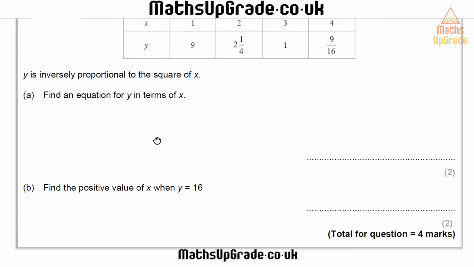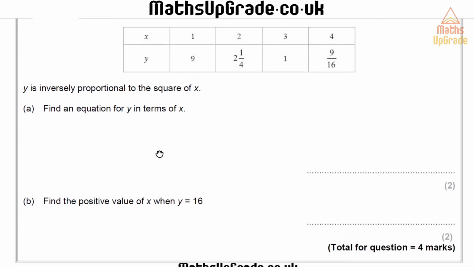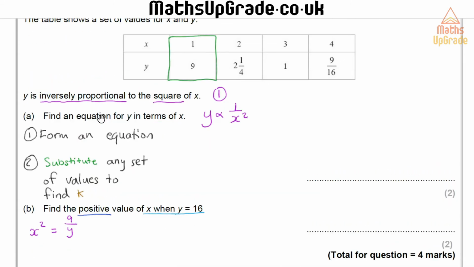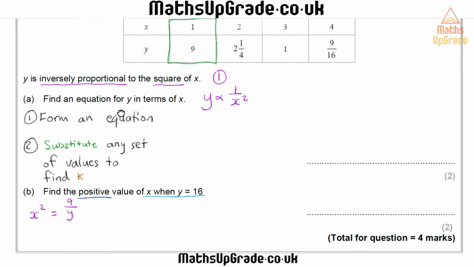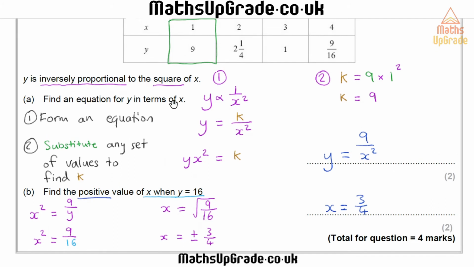Second part of the question here, we need to find the positive value of x when y equals 16. So remember, if I rearrange this, I'll get x squared as being 9 divided by y. So I need to find a positive value of x when y equals 16.